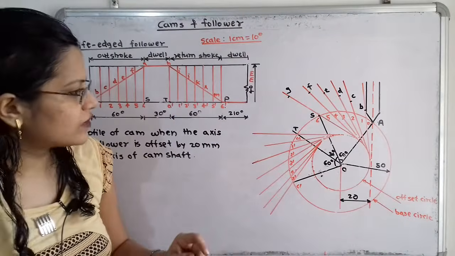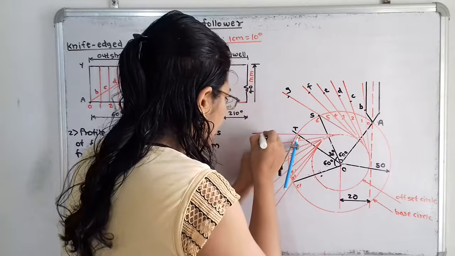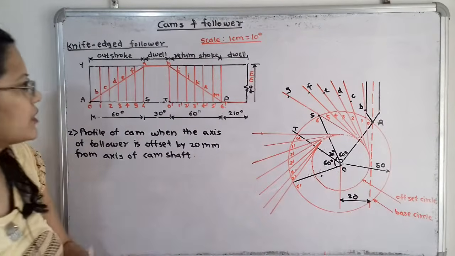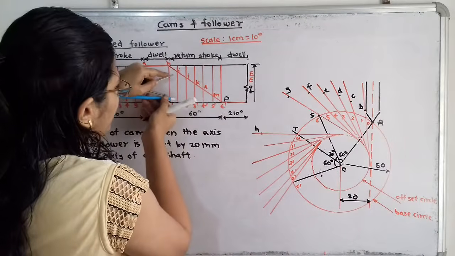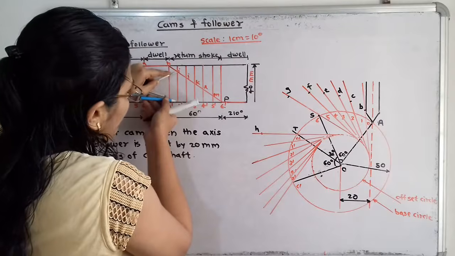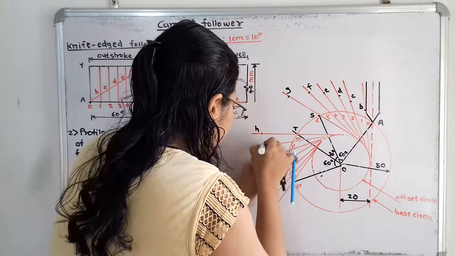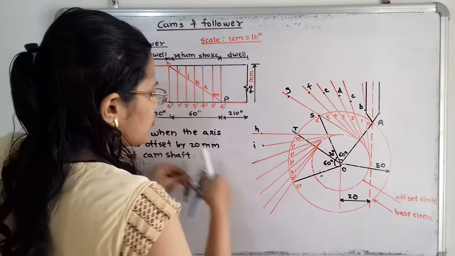Now we have to transfer this same distance. I will use the black marker again. Here is the point H. Then we transfer 1 dash to I, then 2 dash to J and so on.